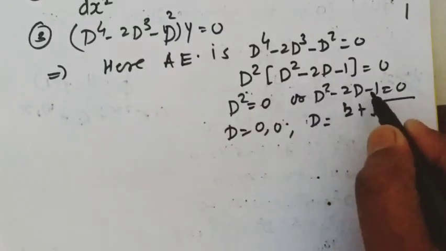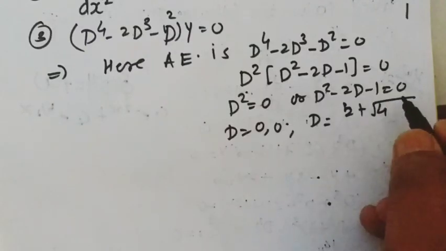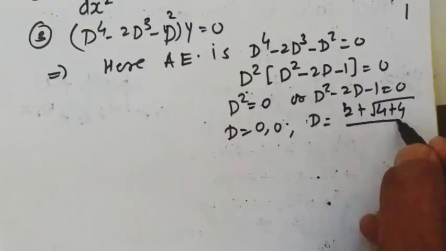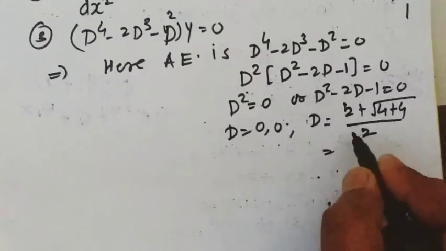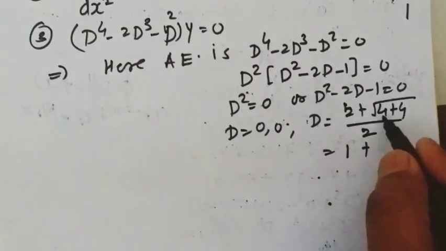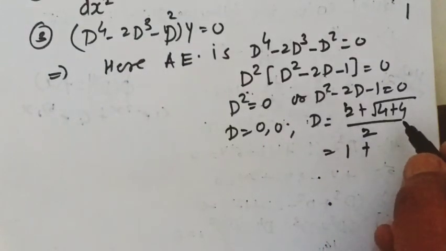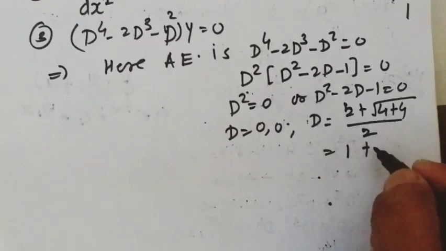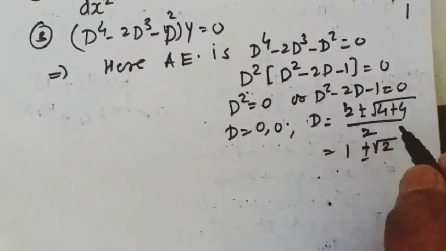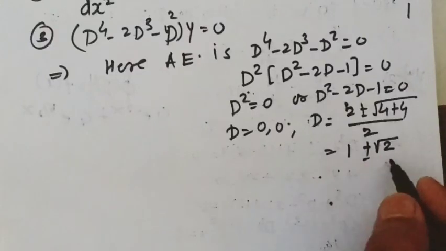So this is 4 minus 4 times minus 1, that is 4 plus 4, upon 2a. So 2 by 2 is 1. Root of 8 will be 2 root 2. 2 will get cancelled. So we'll have here 1 plus root 2 and 1 minus root 2.